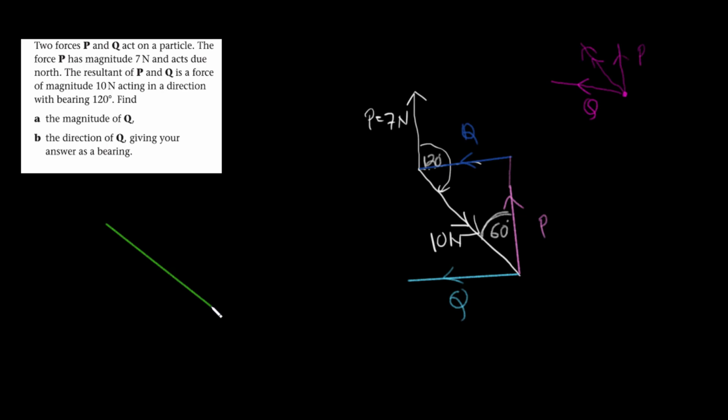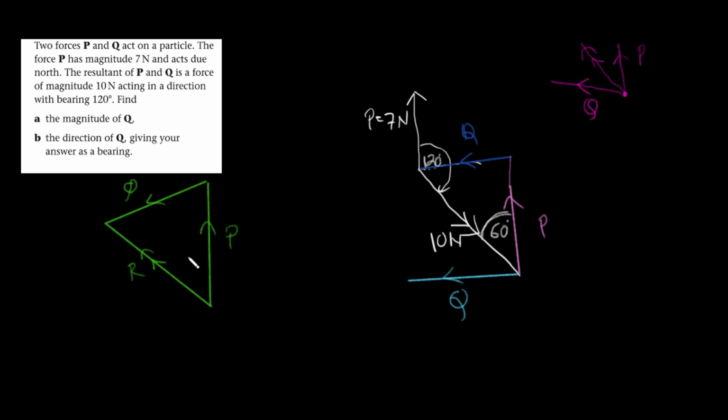Then we have this force over here, and another force over here. Let me change the direction of the resultant, it's head on. So this is P, this force is Q, and this is the resultant force. Let me call this R.